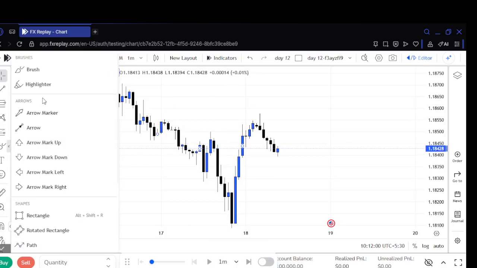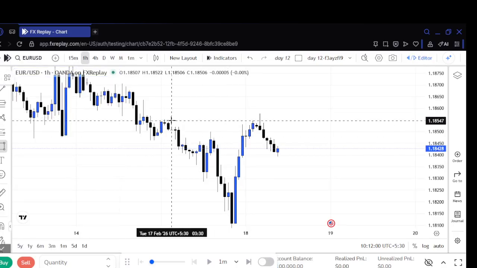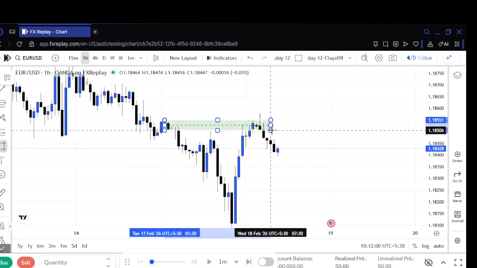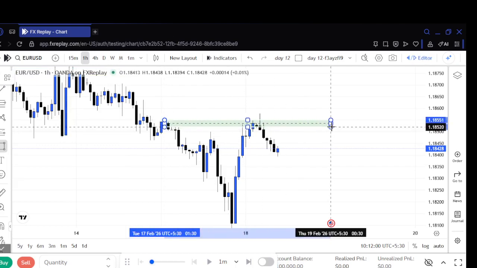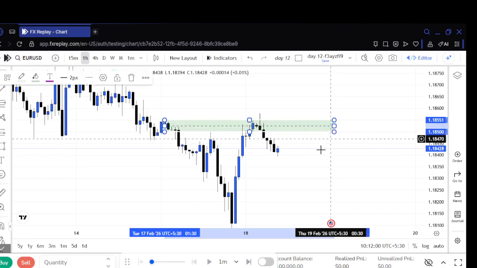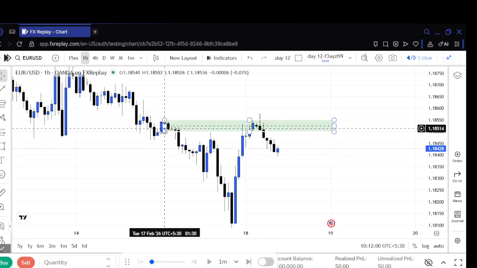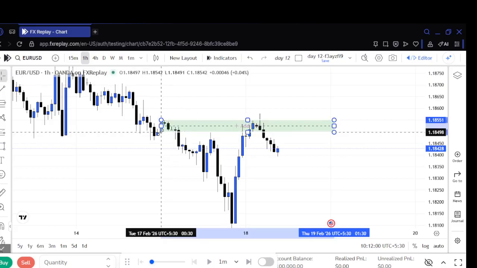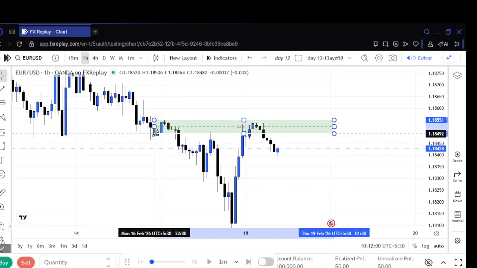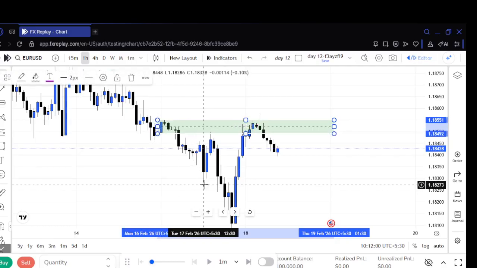It's a good narrative here. See here, we got an order block again. Here we don't have a fair value gap, but we can take this one as well. We got an impulse move, a fair value gap, and a break of structure.